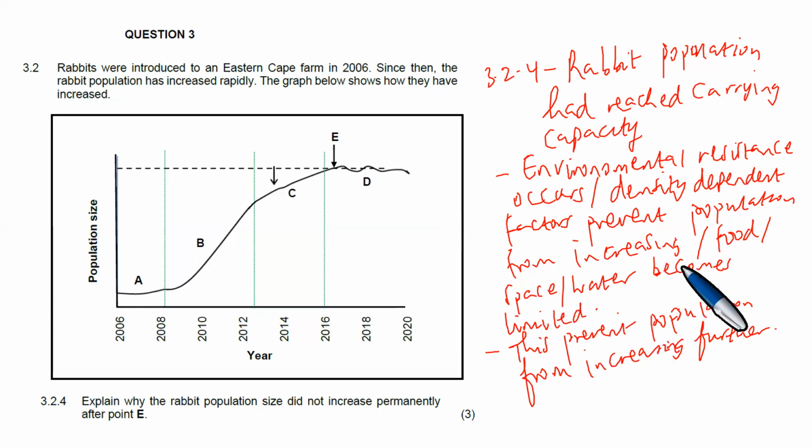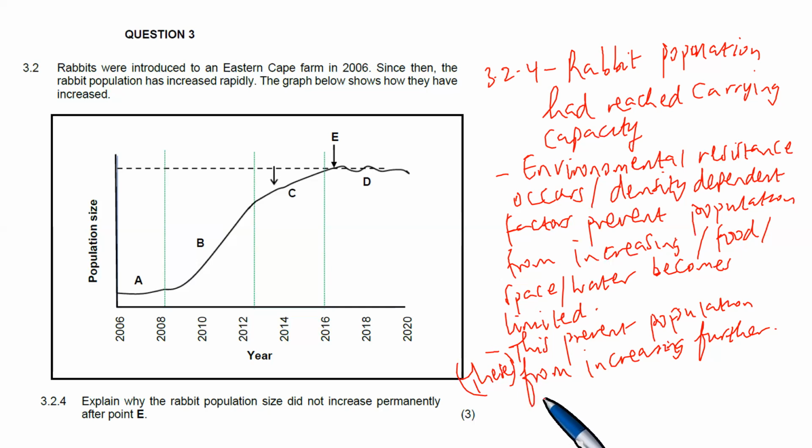Food, space, water becomes limited, because there are too many of these rabbits, and now the water is less, and therefore they can't increase beyond that. These prevent the population from increasing.